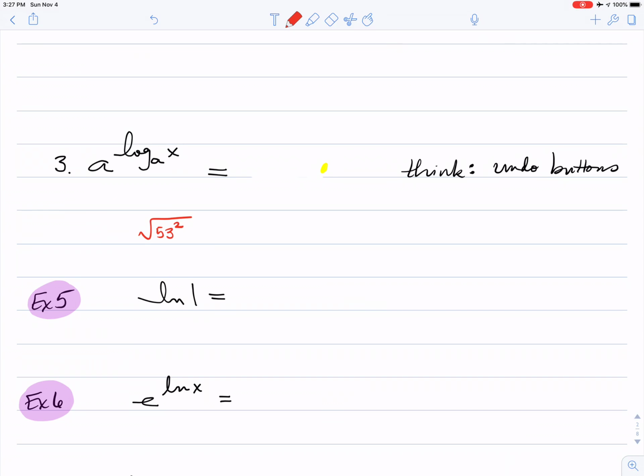And so the concept here is that I have an exponential base raised to a power, and my power is a log. So my exponentials and my logs need to undo each other. Since they have the same base, everything is undone, and the only thing that's going to be left over is the x, because the exponential and the logarithm undid each other.